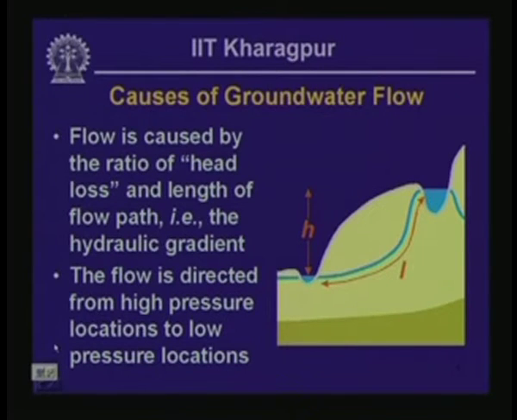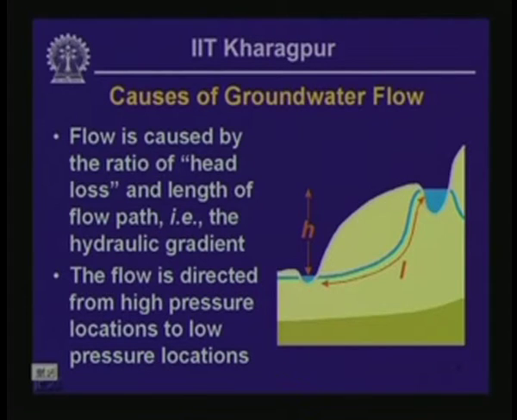Okay, so let us look at what is meant by hydraulic gradient using this particular configuration here. So here the flow length is going to be L, shown by the orange arrow there along the water table, and the head loss in this particular case is going to be H, indicated towards the left of this sketch.